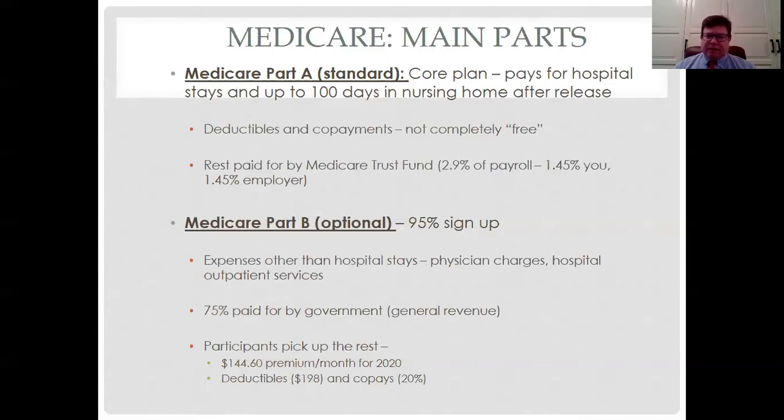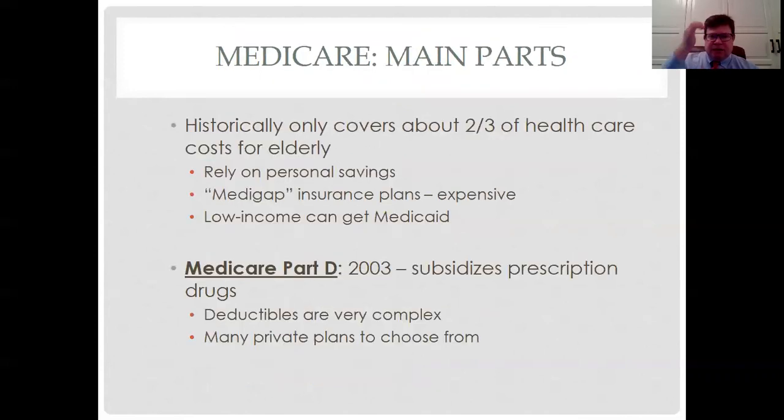You have basically a deductible of a little bit less than $200 a year, and once you reach that, individuals then pay about 20% of the costs of any type of services that they use, with the federal government picking up the remaining 80%. So, this historically pays about 2/3 of healthcare costs for the elderly.